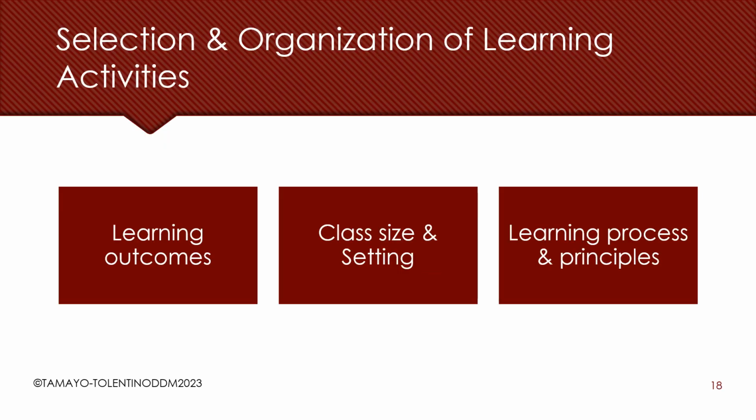That's for the learning outcomes. For the class size, it can either be a small or a large group. And for the setting, we consider three: the classroom, the clinics or laboratory, and the community.